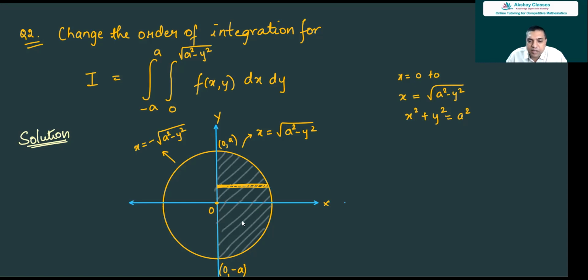And now we need to change the order, so we need to integrate along the vertical strip.